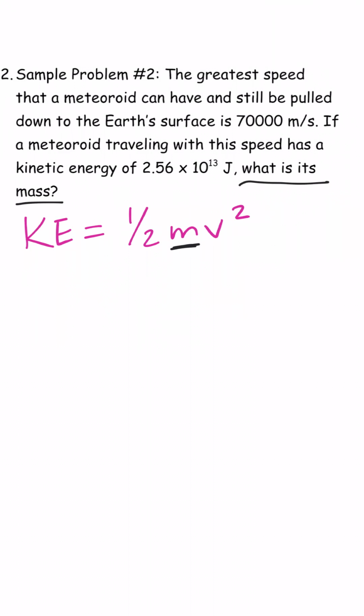I'm going to end up needing mass by itself. I'm going to go ahead and plug in the values for kinetic energy. 2.56 times 10 to the 13th joules equals 1/2 times the mass, which is unknown, so that will remain.